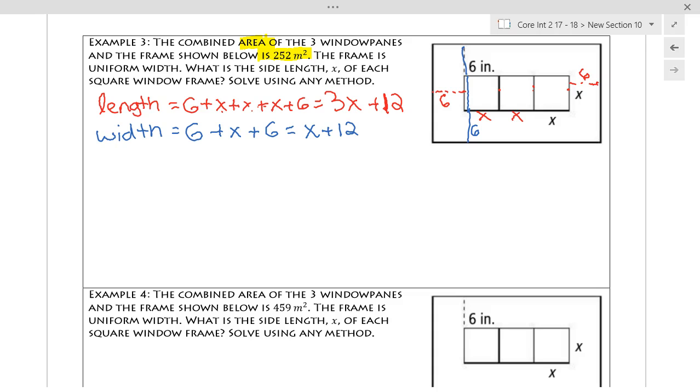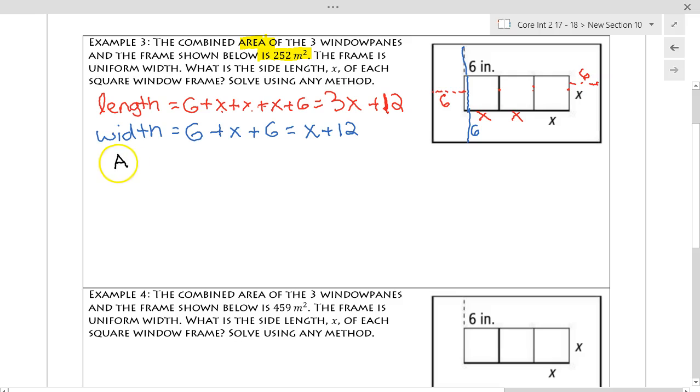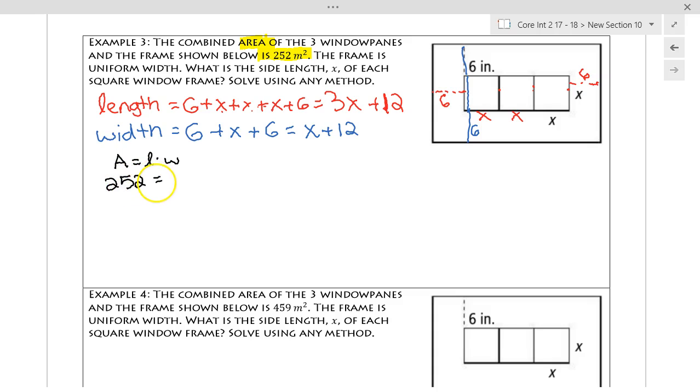So, looking at my area model, area equals length times width. My area is 252. My length is 3x plus 12. And my width is x plus 12.